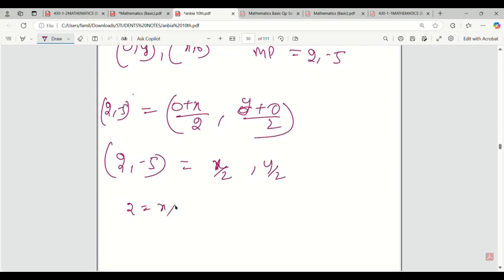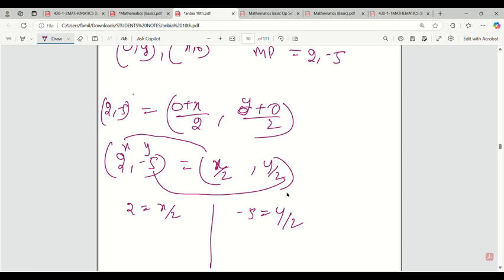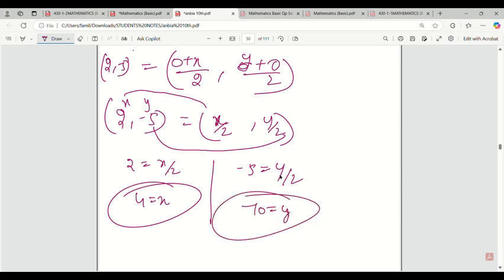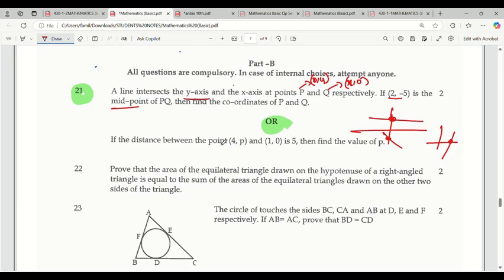What will it give you? x by 2, y by 2. 2 is equal to x by 2, because this is x and this is y. So x should be related to x and y should be related to y. Next, minus 5 is equal to y by 2. What will you get? 4 is equal to x. Minus 10 is equal to y. This is what you will get.